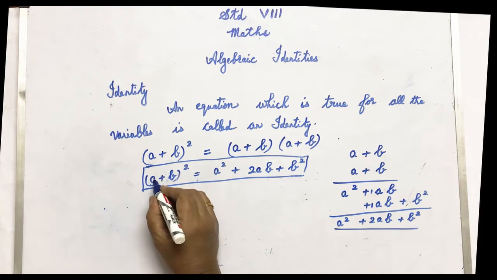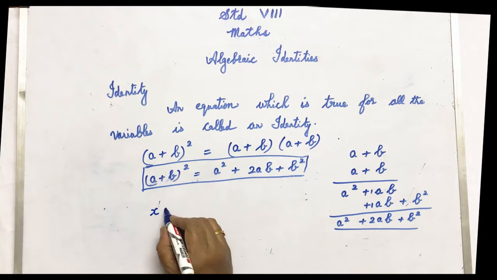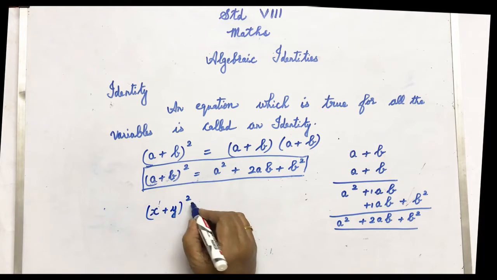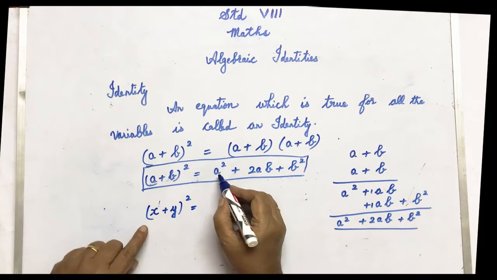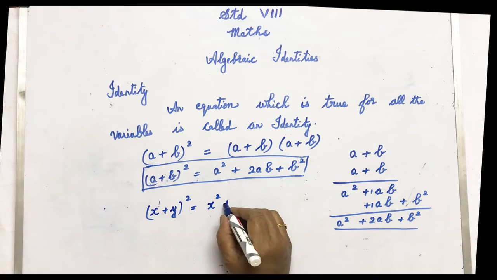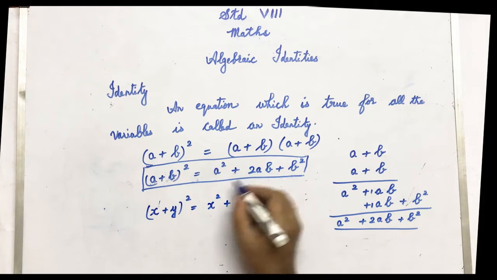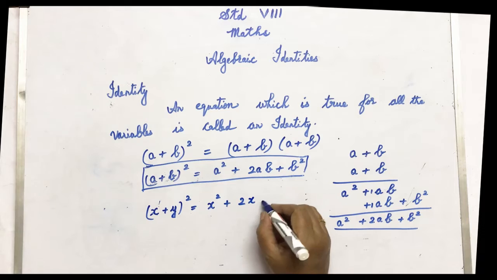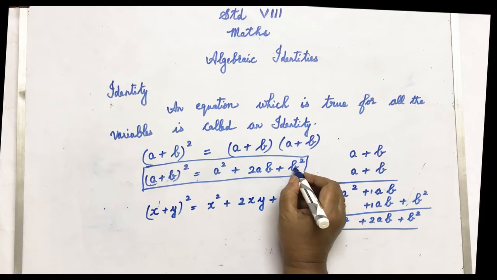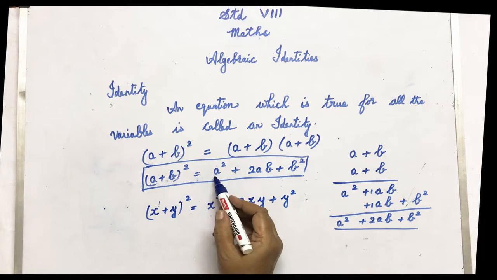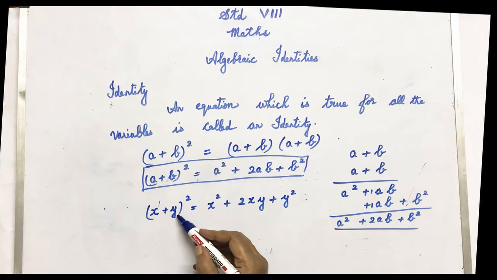So if in the place of a we write x, and in the place of b we write y, this can be written as x squared plus 2xy plus y squared. So the same identity we can write for any variable. Now we will see the second identity.